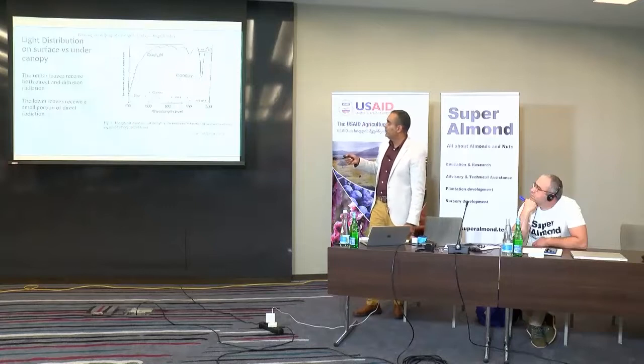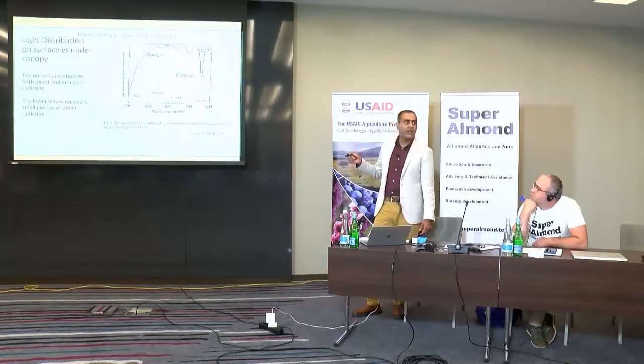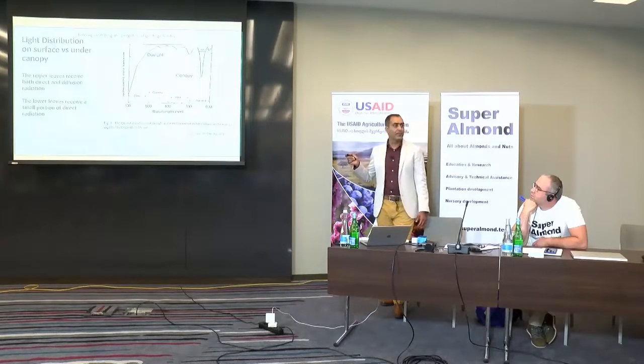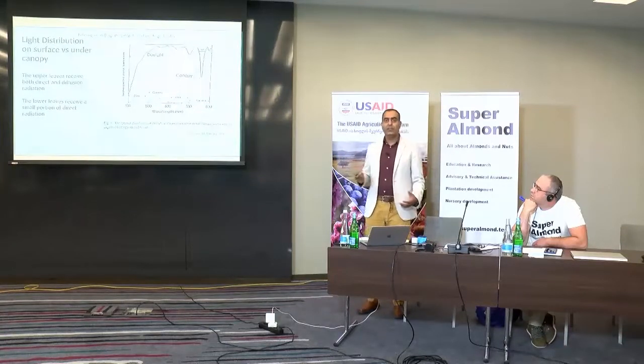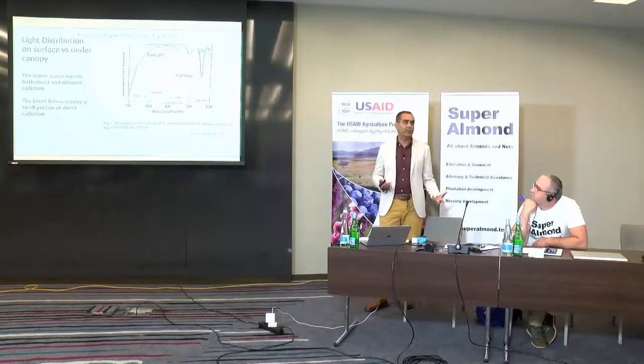So this is the photon density in comparison with the broad daylight outside. That is how different the light environment is under the canopy, in the shade, and out in the sun. And that is what makes all the difference. The more shaded the canopy is, the more shaded the interior part is, the less photosynthetic capability the tree has.